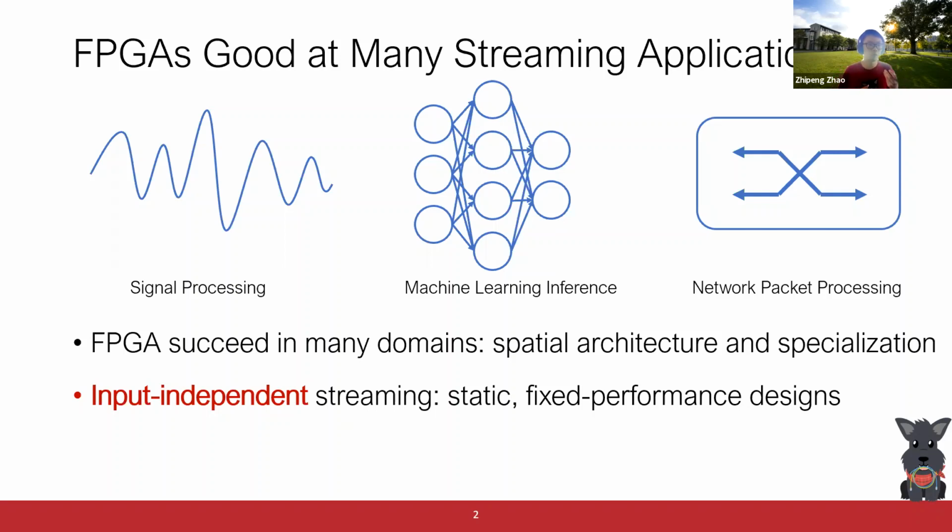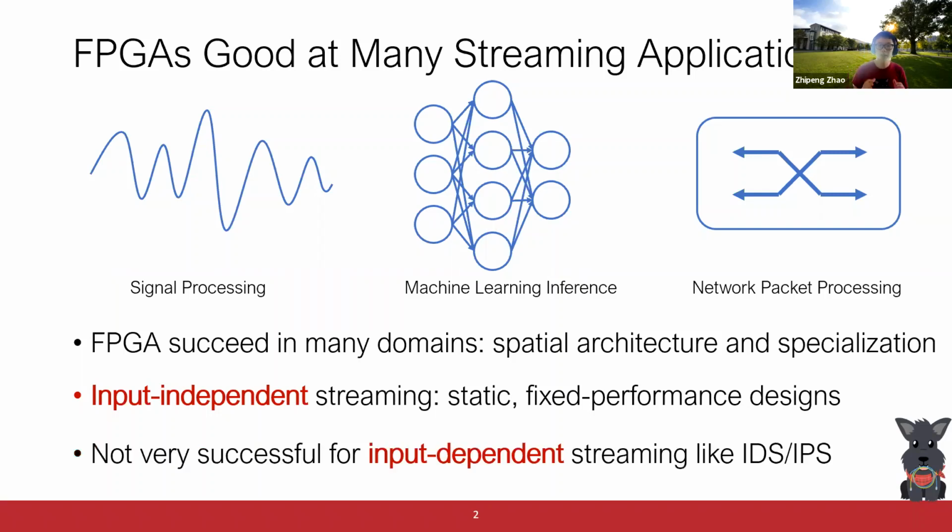Therefore, for this kind of input-independent streaming, the designs are usually static with fixed performance. However, such designs do not fit well for input-dependent streaming, like intrusion detection and prevention systems.